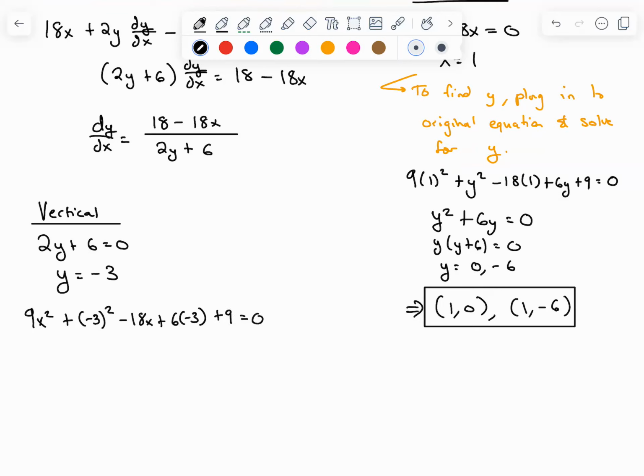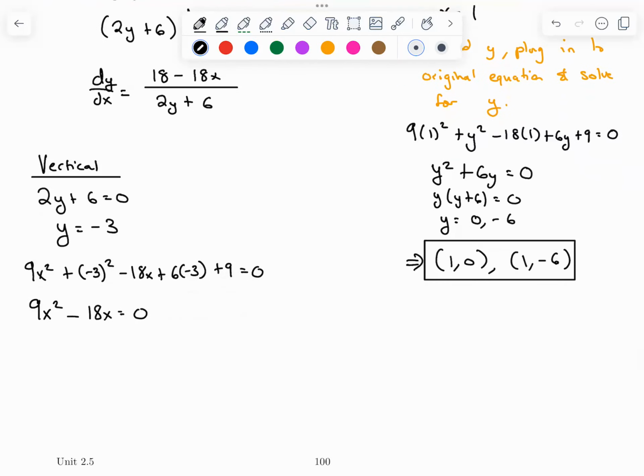That gives us 9x squared plus 9 minus 18 plus 9. So it's 9x squared minus 18x equals 0. Right? And so the solution will be x equals 0 and 2. But to verify that, factor out a 9x.